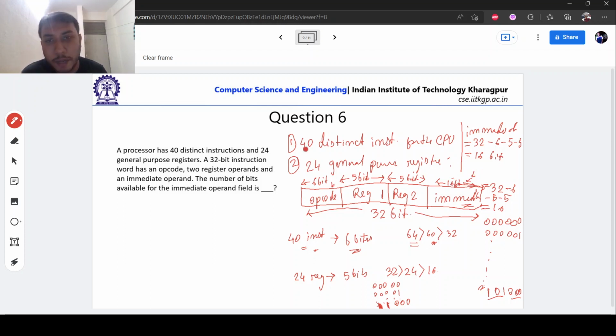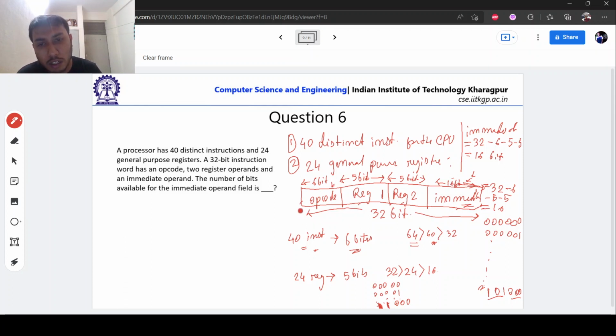So I will again repeat what we have done in this problem. The question is about a 32 bit instruction. The instruction has an opcode, two register operands, and an immediate address. So this is an opcode, this is a register operand, and another register operand, and an immediate address.